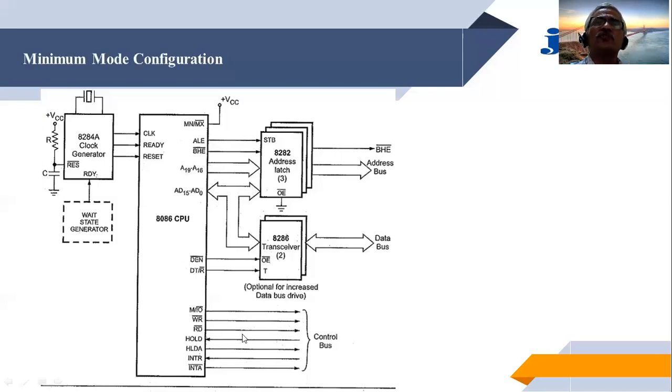All those control signals are additional: M/IO bar, whether you want to interact with the IOs or the memory, read bar, write bar, hold, HLDA for signals like the DMA controller, INTR and INTA. So this particular circuitry behaves in the minimum mode configuration.